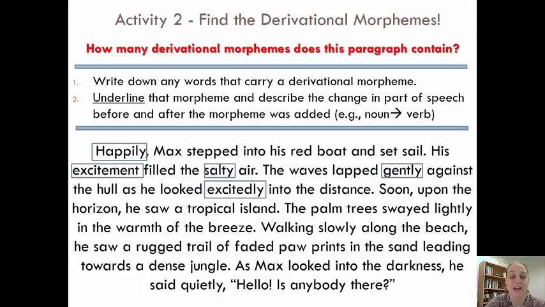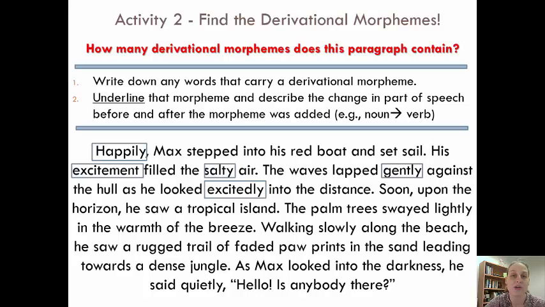Excitedly, here we have excited with the -ly added to it, which makes it an adverb. So excited being the adjective, and excitedly being the adverb.